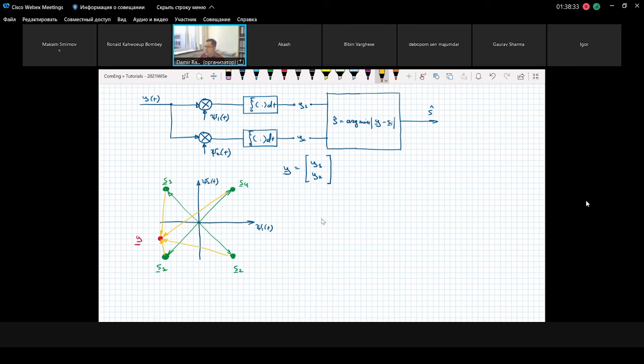At the same time, calculating the square value of something is computationally expensive. It's more expensive than calculating simply the absolute value.